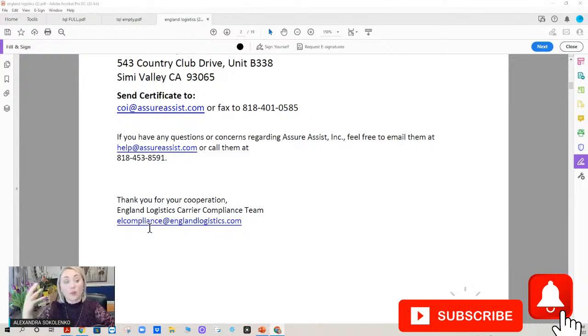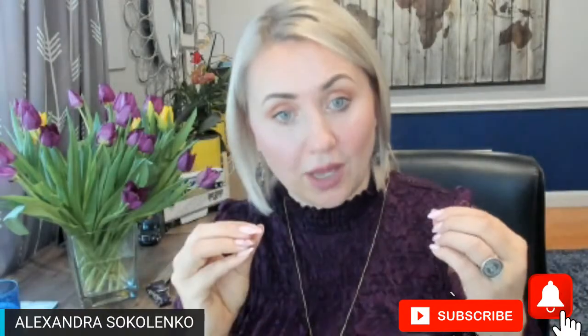You're going to send it from the carrier's email, not from your email. But usually you get set up the moment you want to book the truck. So you're going to have a representative from England Logistics, from TQL. So here's my advice. When you finish all this setup, you send it back to exactly that person.